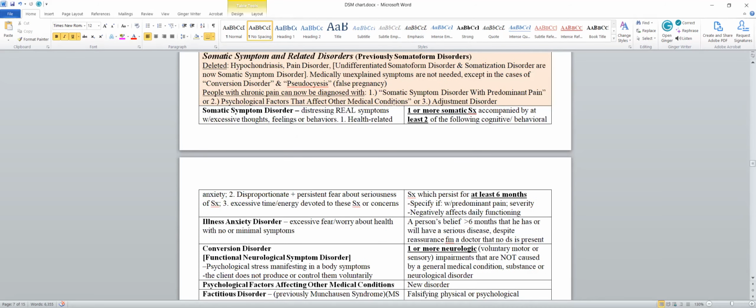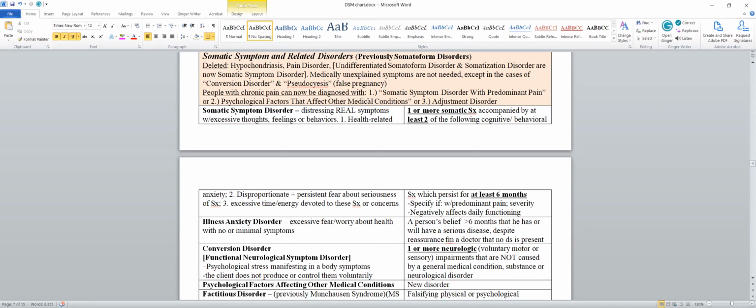So jumping into somatic symptom disorder, distressing real symptoms with excessive thoughts, feelings, or behaviors that are 1, health-related anxiety, 2, disproportionate and persistent fear about seriousness of symptoms, and 3, excessive time and energy devoted to these symptoms or concerns.